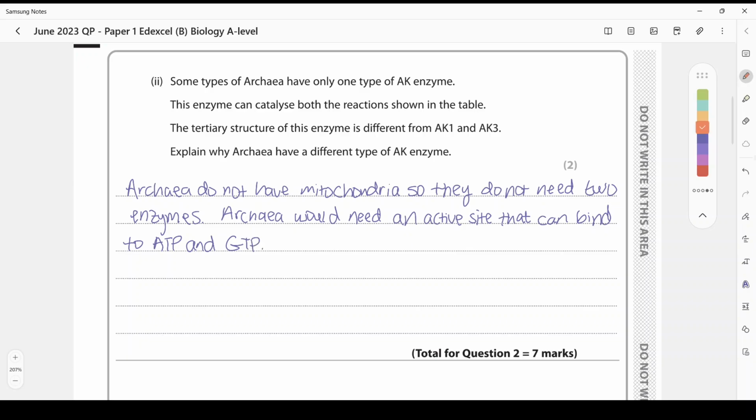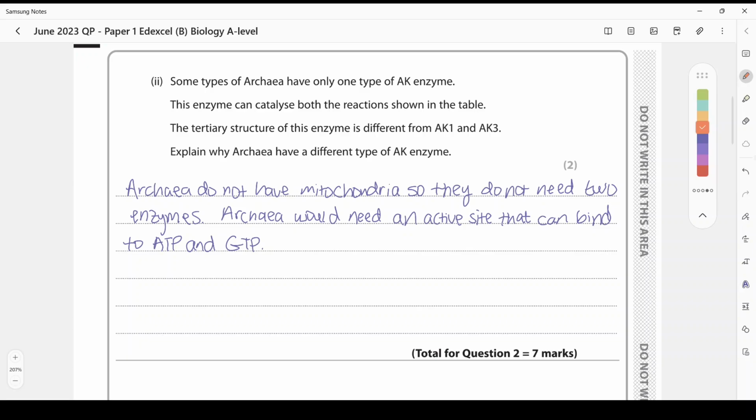So some other marks that are on the marking scheme is you can say that Archaea's chemical environment, like the pH or the temperature, is different to that of humans. That's another thing that you can say. One more thing you can also say is the DNA sequence is different in Archaea versus in humans.